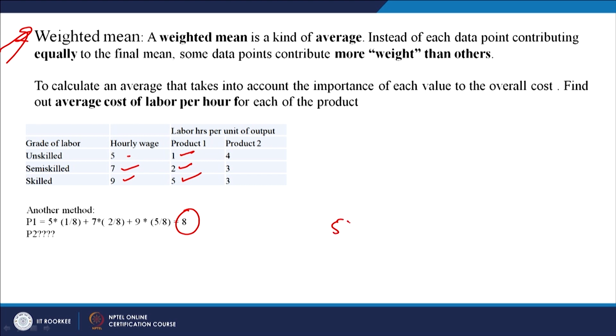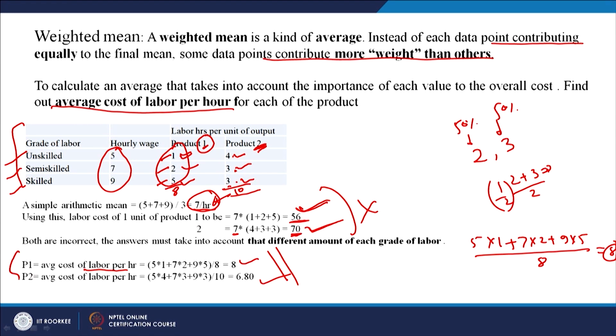This is 5 into 4 by 10 plus 7 into 3 by 10 plus 9 into 3 by 10, right. The same answer you will get, and this is 6.80, right. So, either you calculate by this method or by this method.